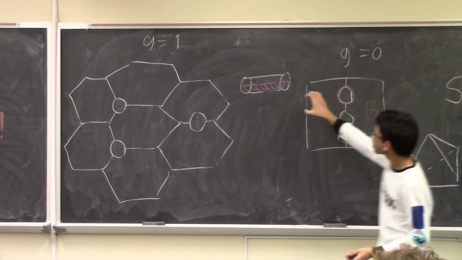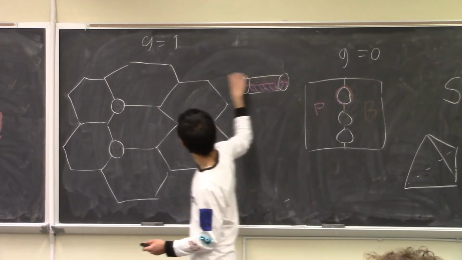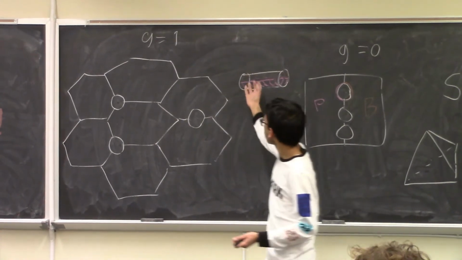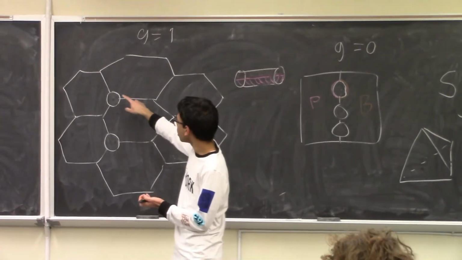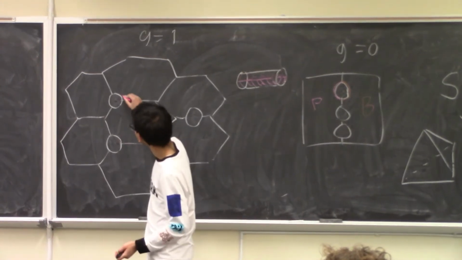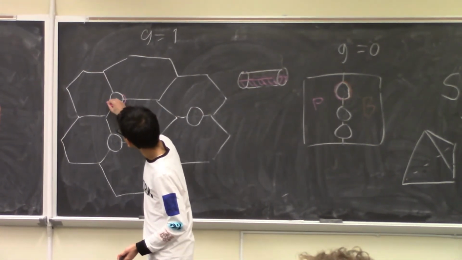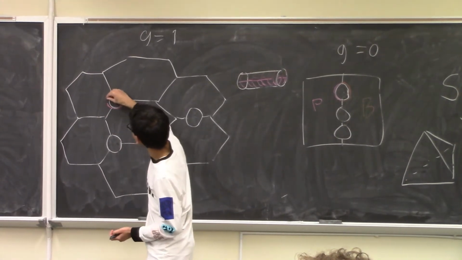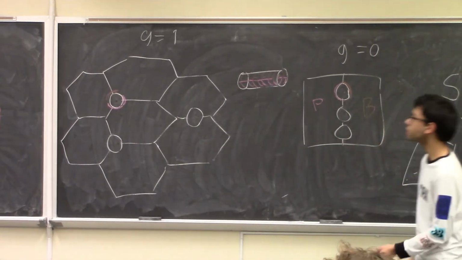So now we're going to come along here and then attach this end of the tube over here. An easy way to see how we're going to attach it is we're just going to label around here the side that's pink and the side that's brown. So here, I'm going to have a pink that comes down here, and a brown that comes down here. Right? So that's the first tube.